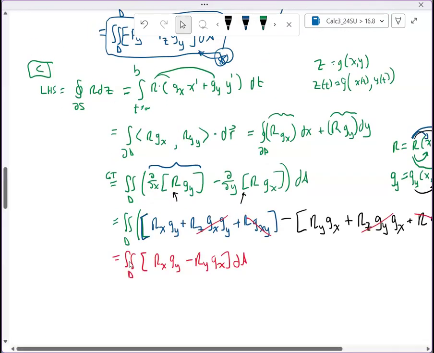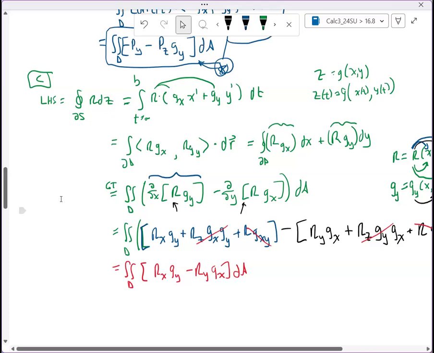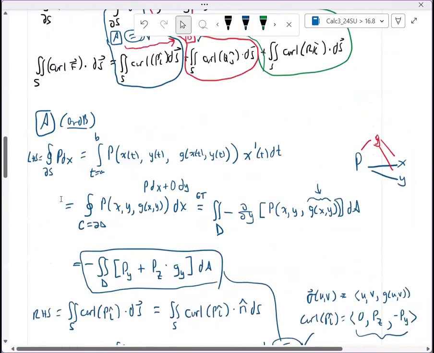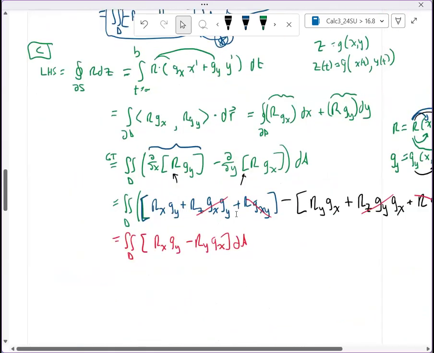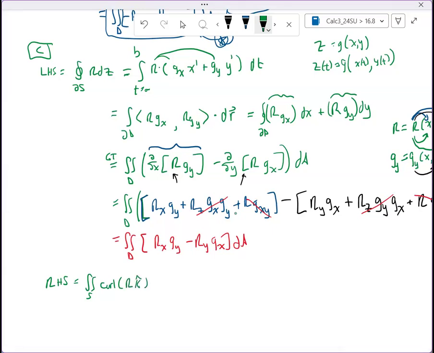Anyway, so that's what our left-hand side turned out to be. Can we make the right-hand side look like the same thing? What was the right-hand side? The surface integral of the curl of R dot dS. Okay, so let's investigate this.